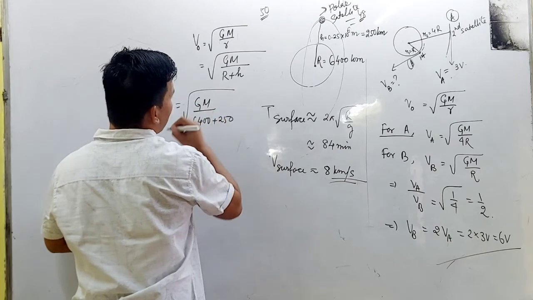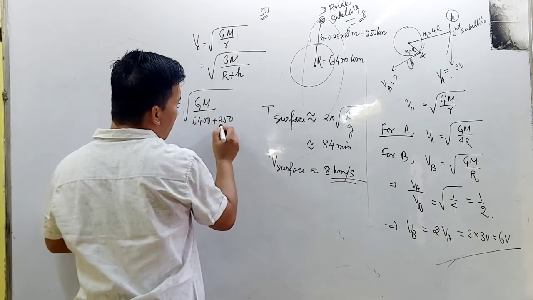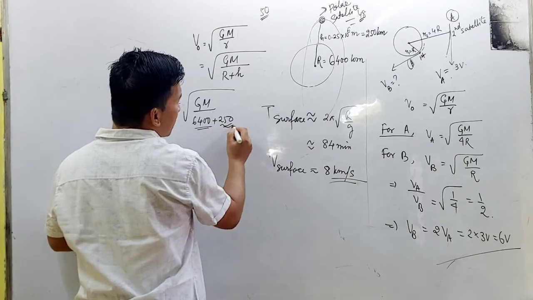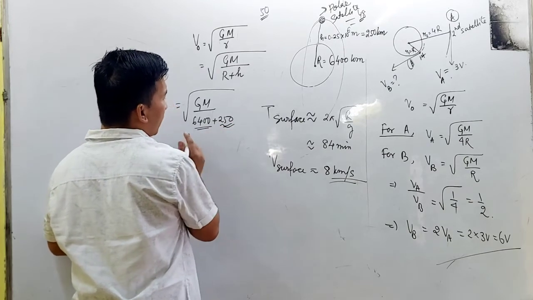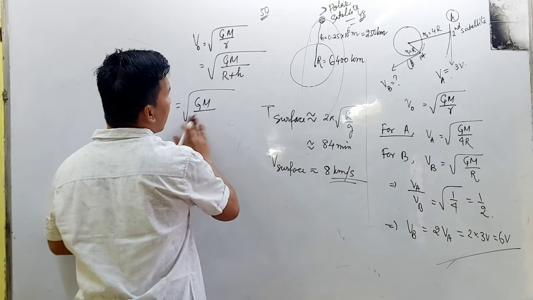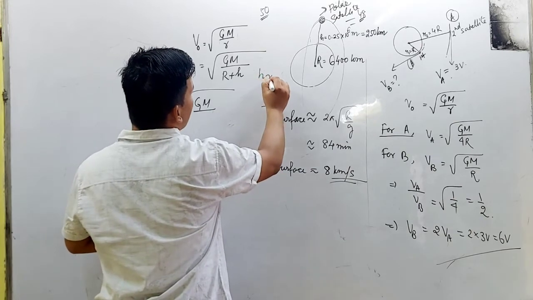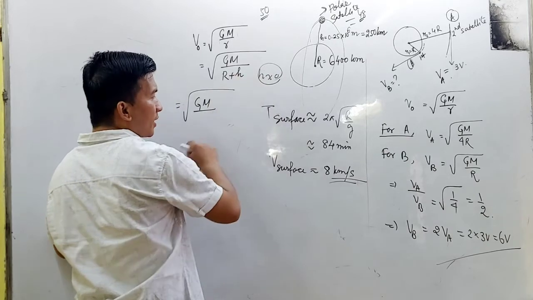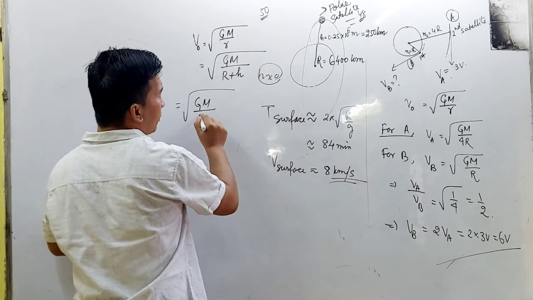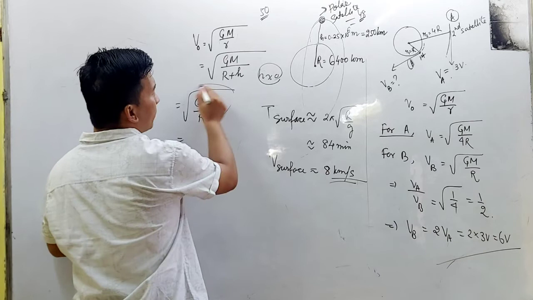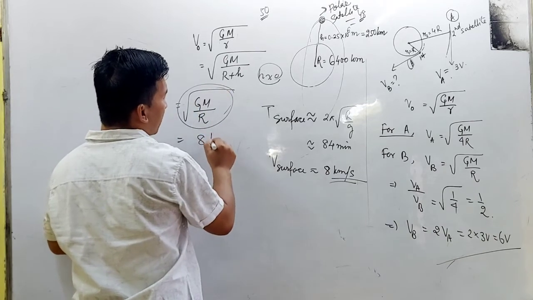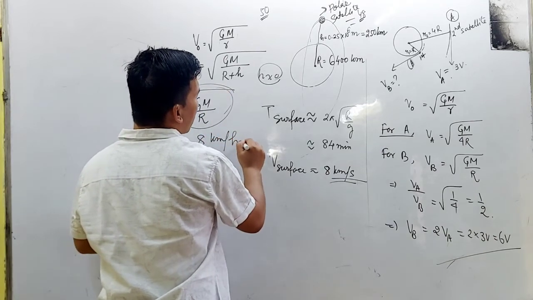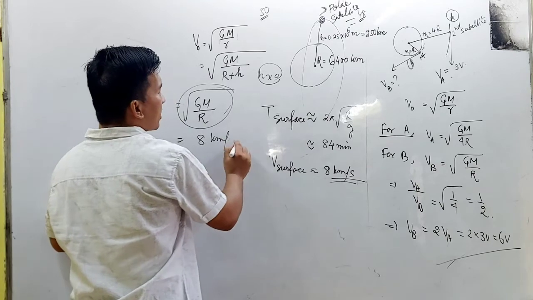In comparison with this r, h is very small. h is almost negligible as compared to r. So it will be only r. This value is equal to 8 kilometer per second.